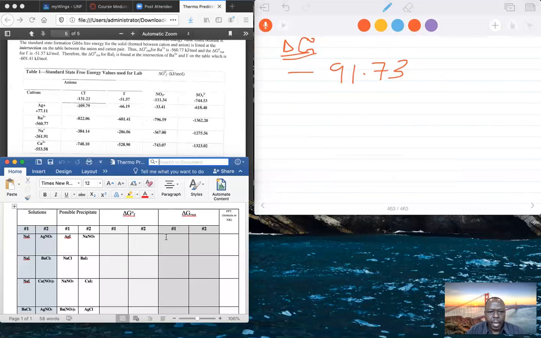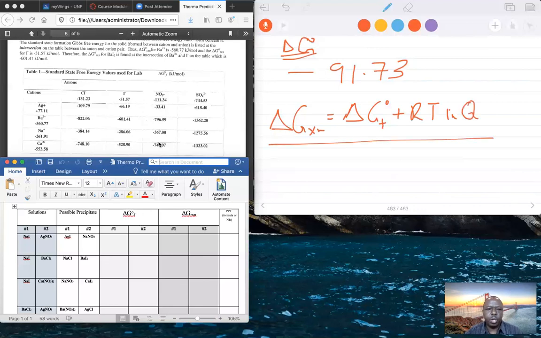So once you know this is what you will now use. For delta G at non-standard state, it will be delta G naught formation for that plus RT ln of Q, ln of Q. This is the equation we will use to fill in this column right here.